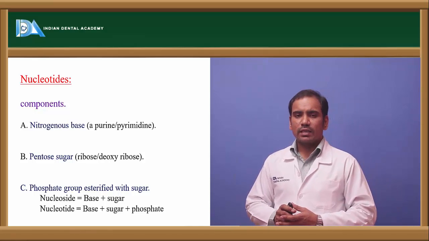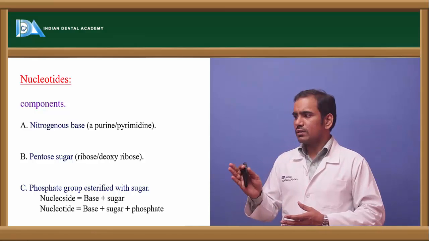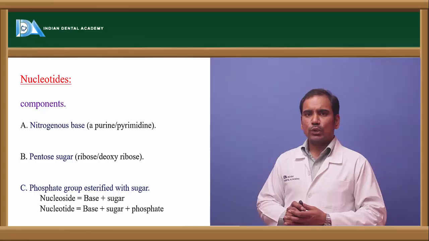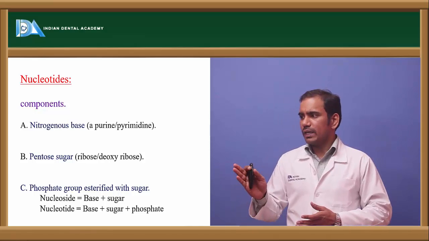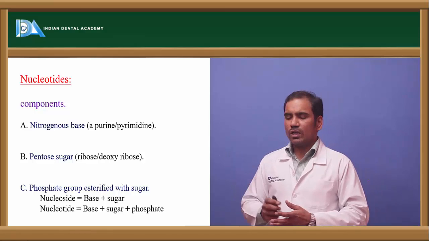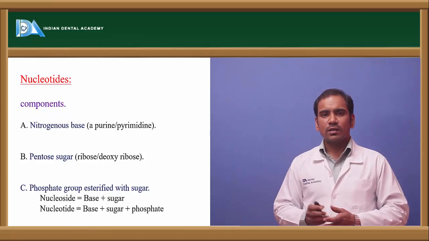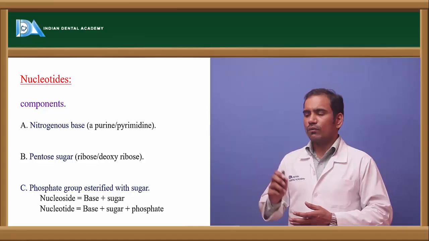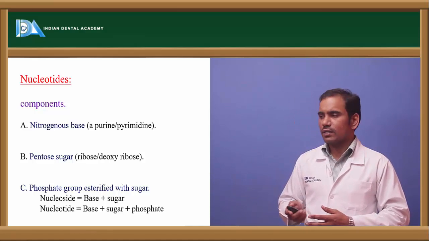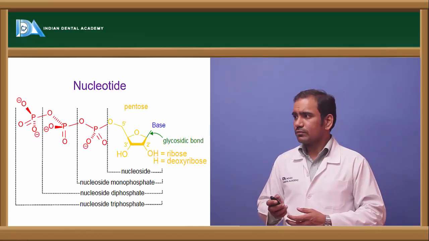A nucleoside is nothing but base plus sugar. Nitrogenous base plus sugar is a nucleoside, and a nucleotide is nitrogenous base plus sugar plus phosphate. In other words, a nucleotide is nucleoside plus phosphate. These are the components of nucleotides.